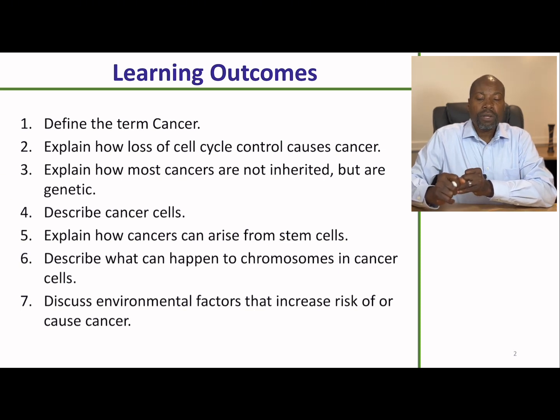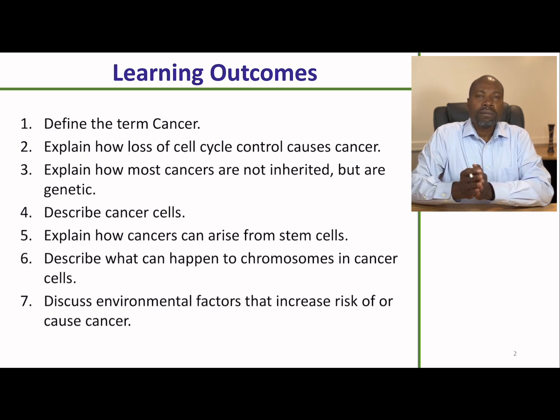Explain how the loss of the cell cycle control can lead to cancer, and also how cancer can be inherited. Nevertheless, many, if not most, of the cancers are not necessarily going to be inherited.